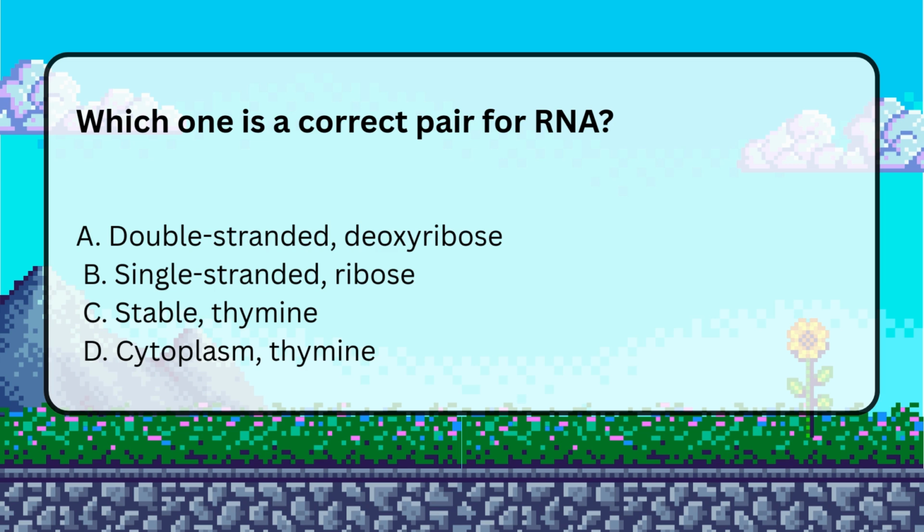So yes, it is going to make sense, because RNA is single-stranded and has ribose sugar. The next option is stable and thymine, cytoplasm and thymine. So no, the other options are irrelevant. The B option is the correct option, single-stranded and ribose. DNA is like a library and RNA is like email, short-term and quick.